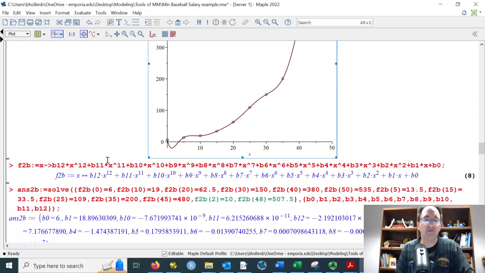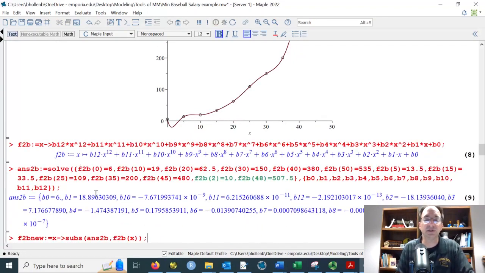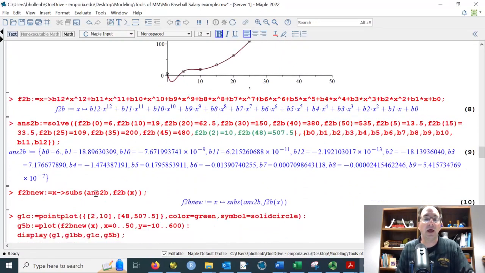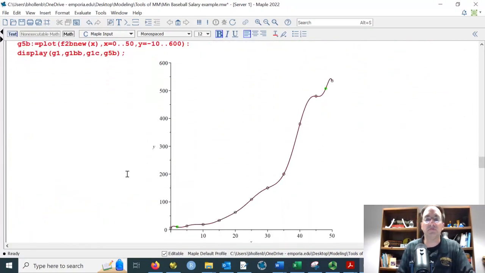Now, since we've added 2 data points, it means I also need to add 2 more coefficients. So I have an equal number of equations and coefficients, which means my degree of the polynomial is also going to increase by 2. So now we have a 12th degree polynomial, and once again, Maple doesn't complain. It solves it just as easily as before. And if we want to do the plot just like before, here's our new plot.